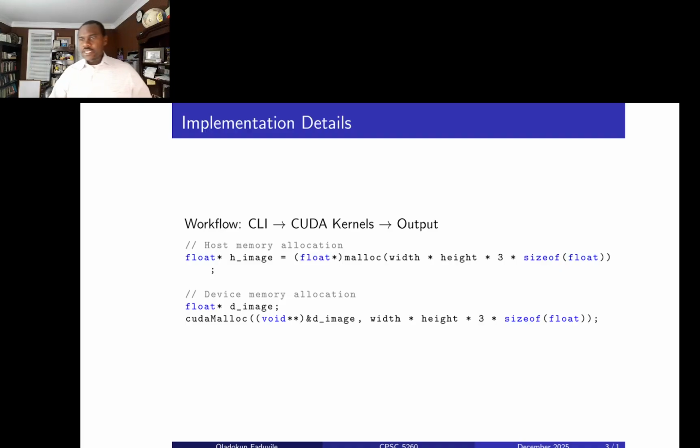So basically, I get some information from the host: what I want to do, the width, the height, the size of the image I'm going to make. I do the memory allocation using malloc on the CPU, and the same on the GPU, to see the different kernels.